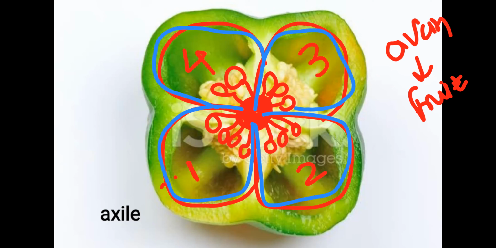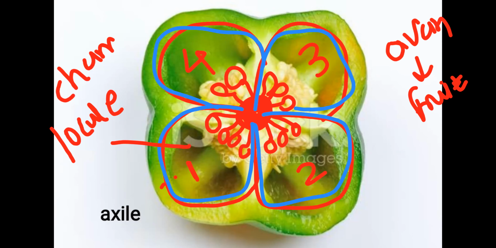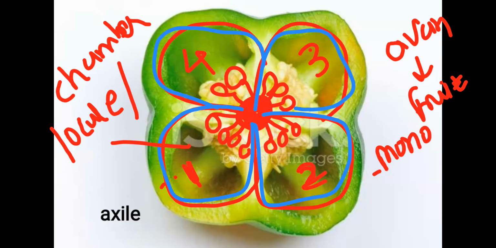These are known as compartments, or you can say locule or chamber. So here one locule, second, third and fourth, right? If more than one locule is present, it is multilocular; if a single locule, we call it monolocular condition.